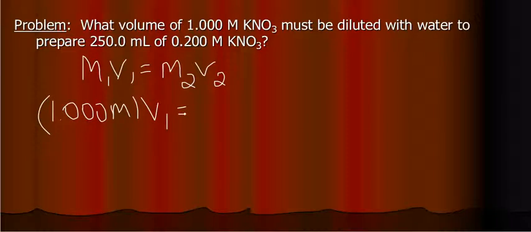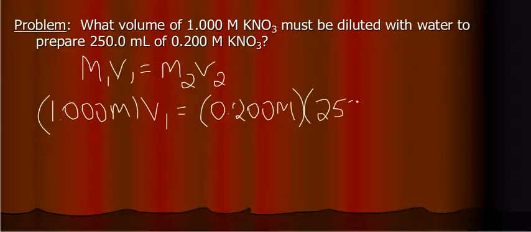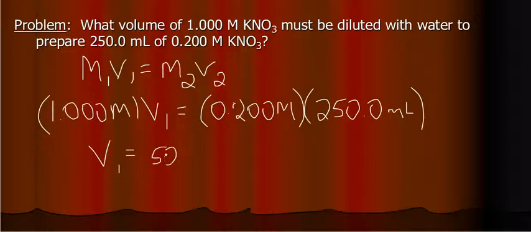I'm going to set that equal to my final concentration, and then my final volume is 250 mL. So the volume that I would require of that 1 molar solution is 50 mL. Now you can leave this in milliliters. You can actually use liters here if you want to, but this is an equation where you can actually use milliliters to solve it.